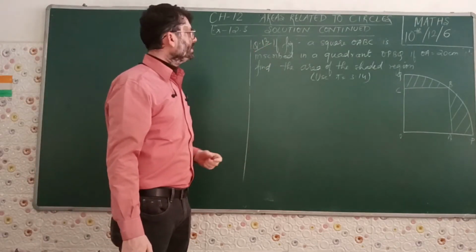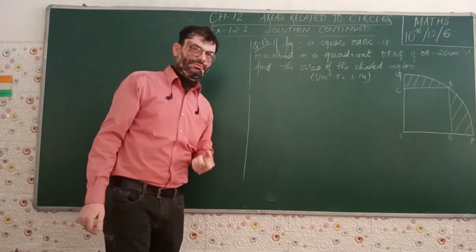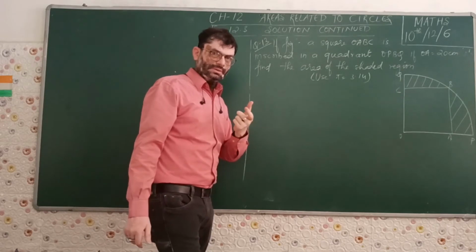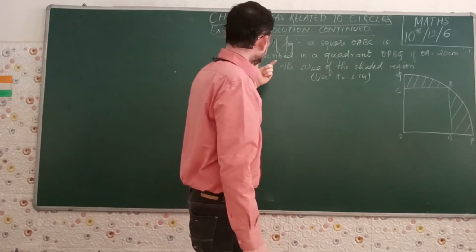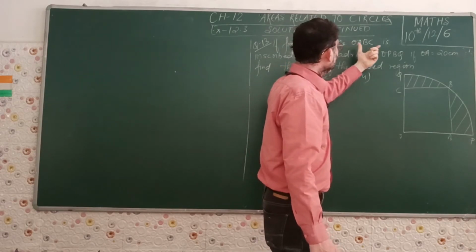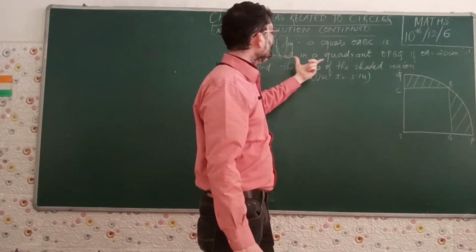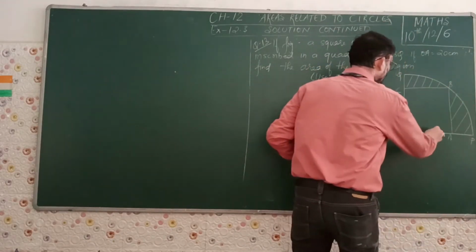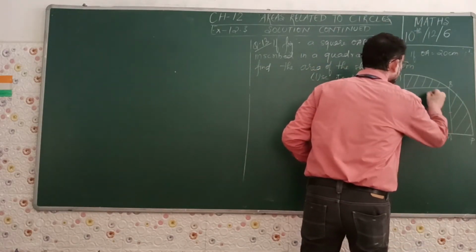Question number 13. The 12th one is again left out for you for practice purpose. 12th one I think we have done. In the given figure, a square OABC is inscribed in a quadrant. OABC, this is a square, that means all the sides are same.